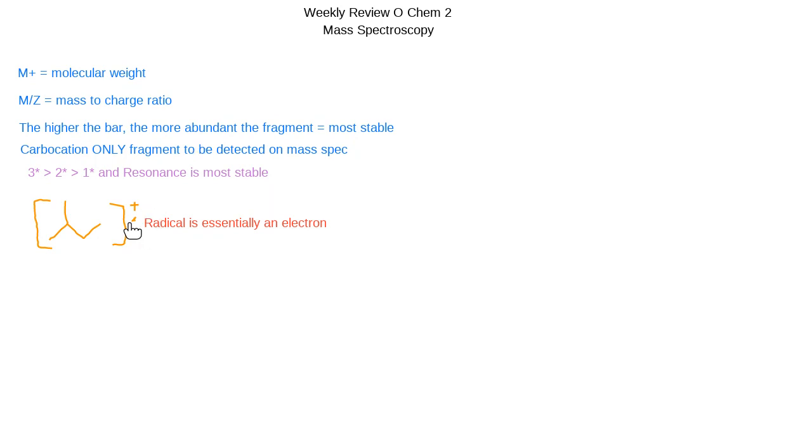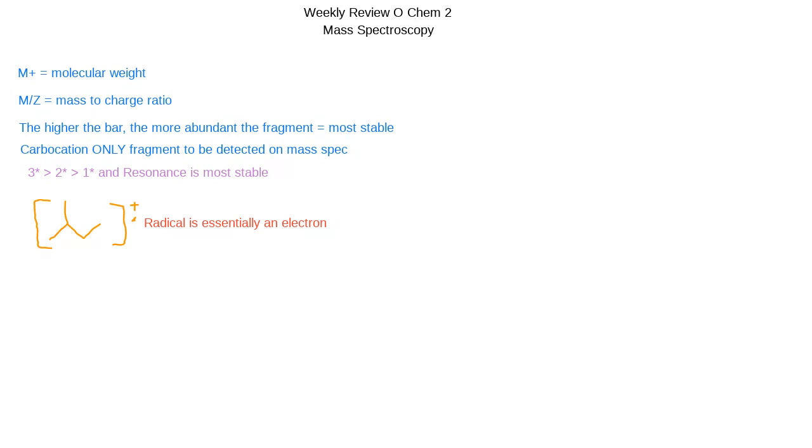Once again, we form both a carbocation and a radical. The radical is the fragment that we cleaved off, and the carbocation is what is remaining that we didn't cleave off.